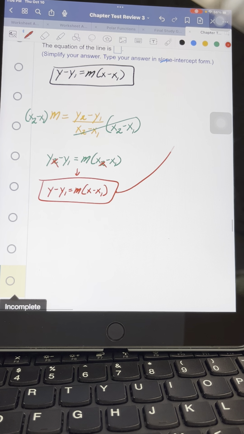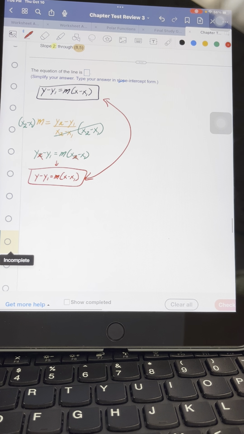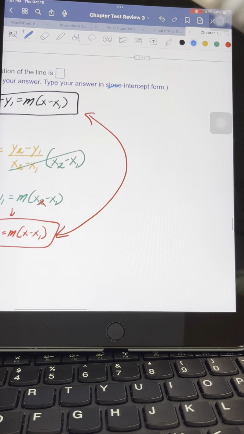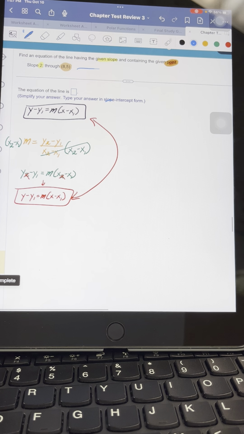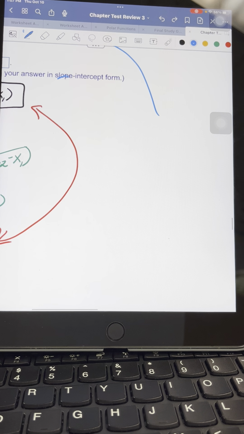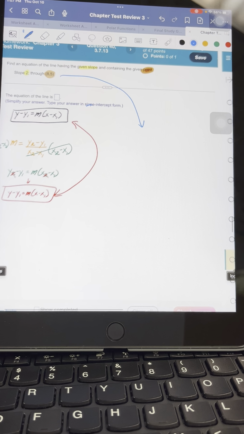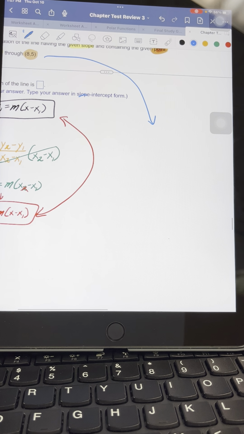So now, let's finally show our work over here. Yikes, that was bad. So, y minus y1 equals m times x minus x1.